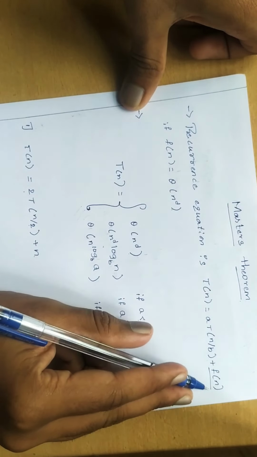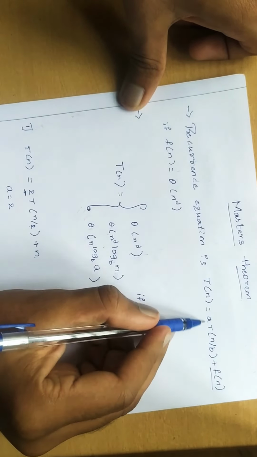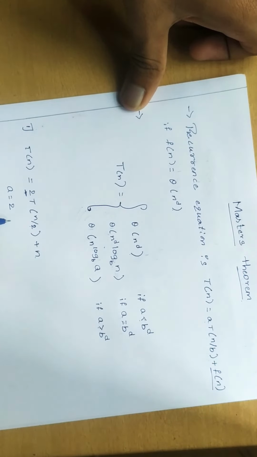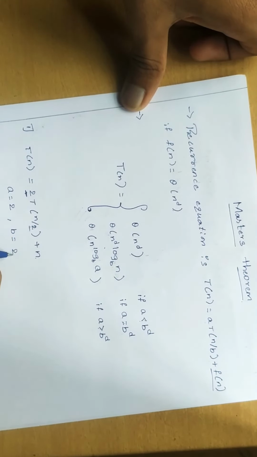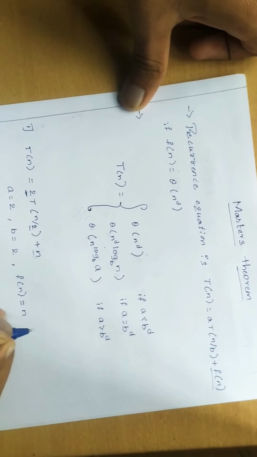So a is 2, b is also 2, and f of n is equal to n.